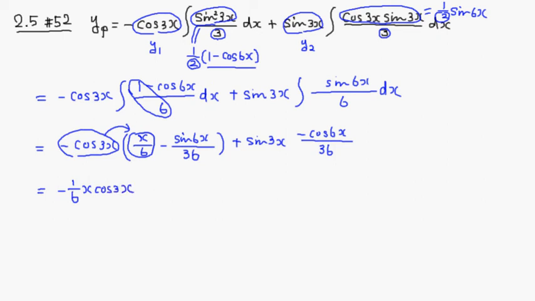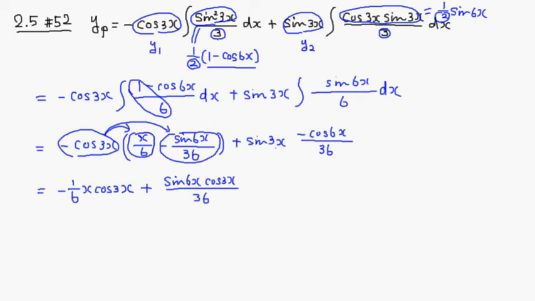Then distribute that to the second term: negative, negative, so it's going to be a positive, and you have sine of 6x cosine of 3x all over 36.